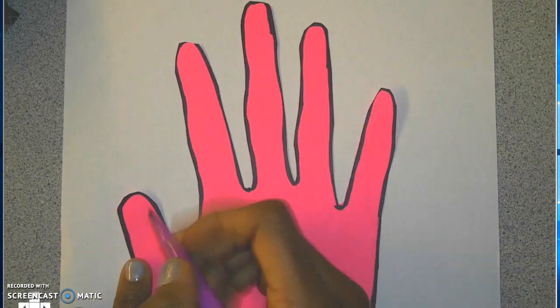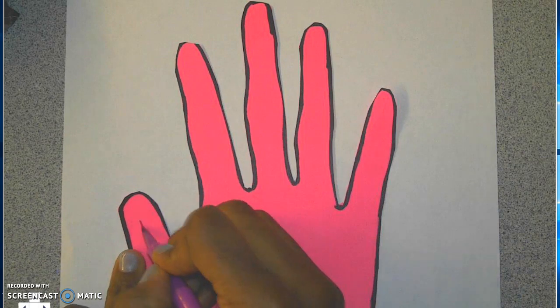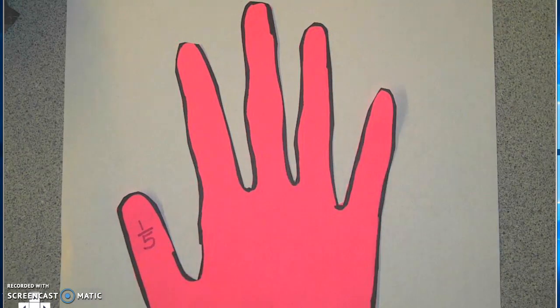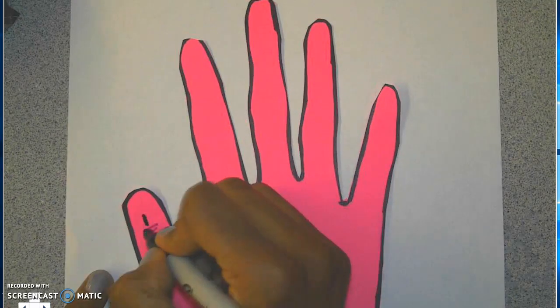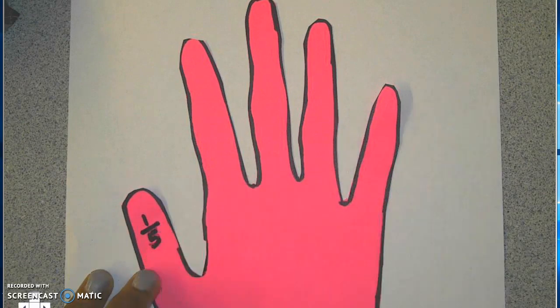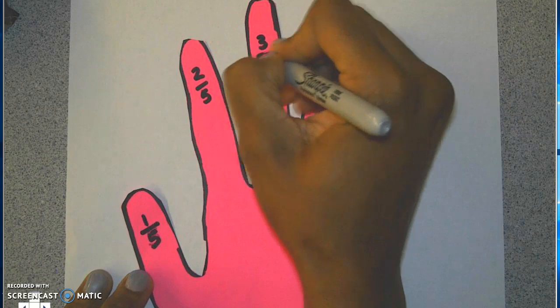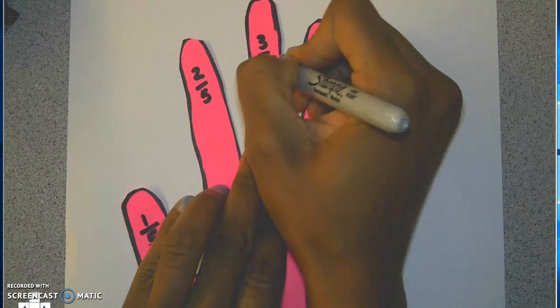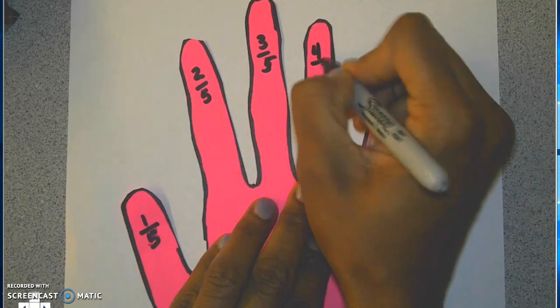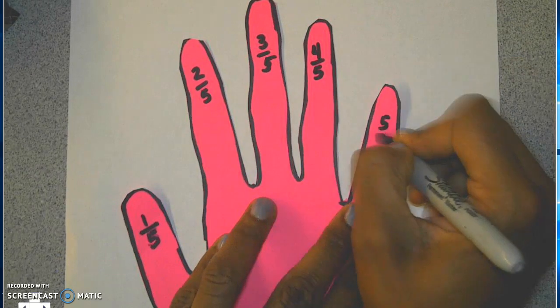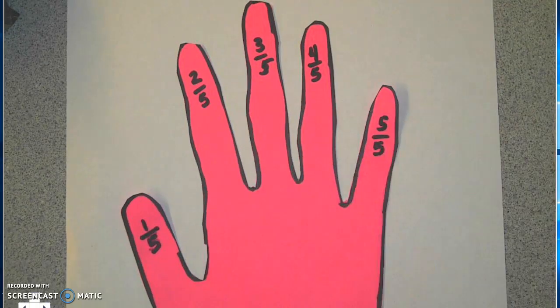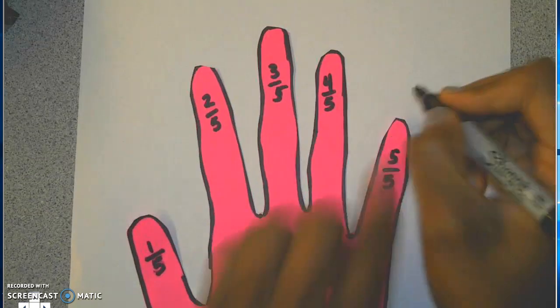So we start with our first finger as being 1/5. Our second is 2/5, 3/5, 4/5, and 5/5.